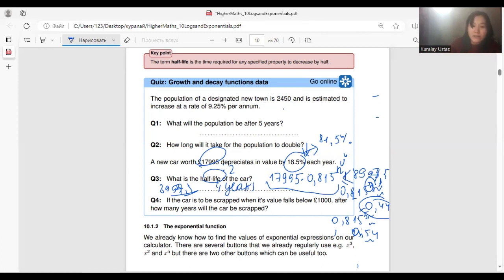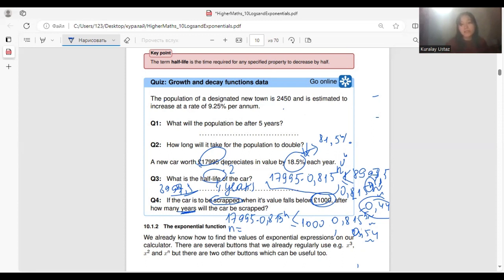Next question: if the car is scrapped, that means when the car becomes useless or unwanted. It gets scrapped when the value falls to this cost. So we need to find how many years it will take. This is our equation, yeah. This value should be below 1,000 pounds. Now we need to find the value of n here.